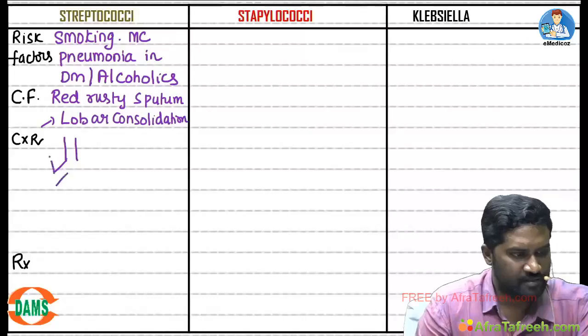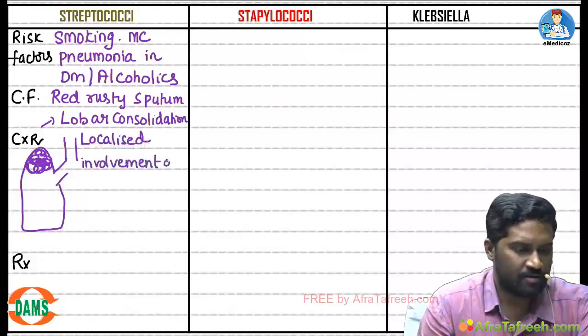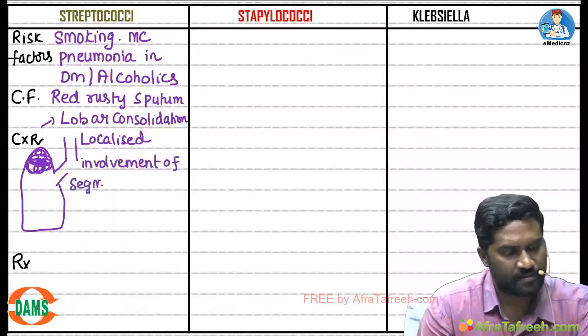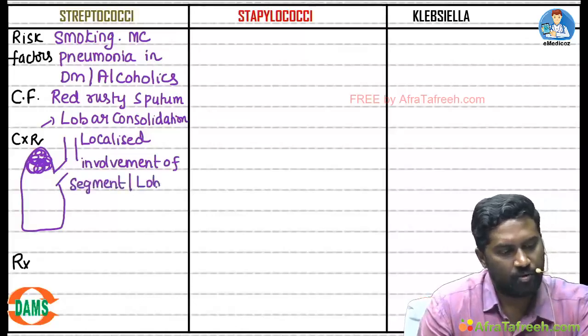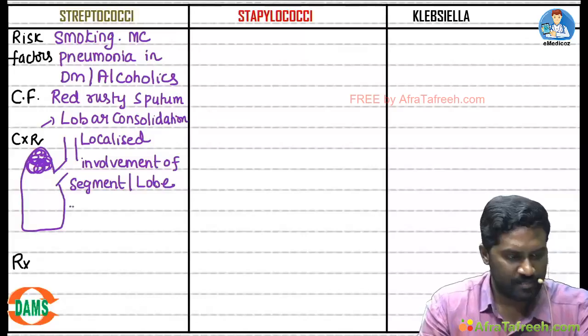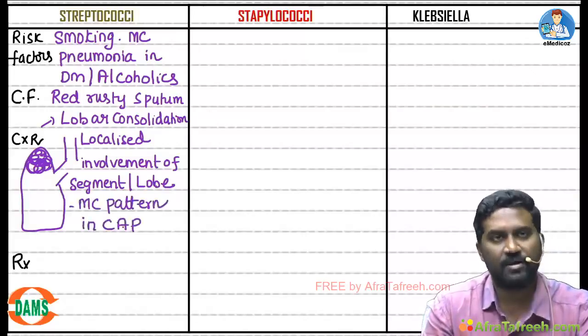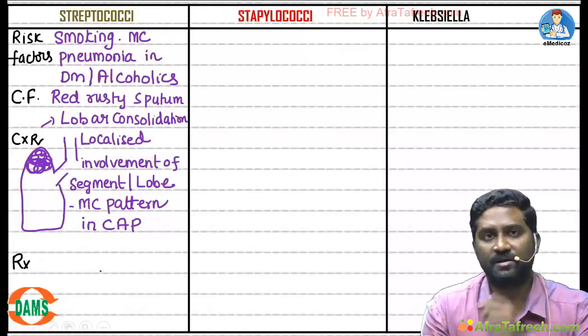If you consider this is the lung, lobar consolidation is localized involvement of segment or lobe of lung, and this is considered the most common pattern in community acquired pneumonia.